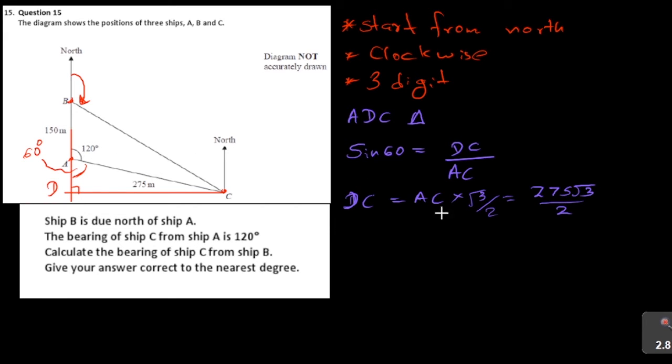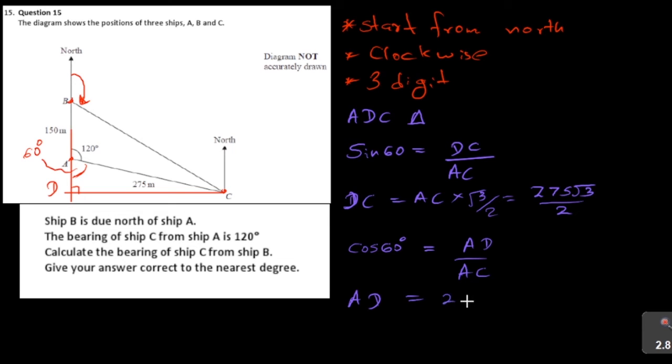Then to find AD, I can use the cos ratio. Cos 60 is equal to AD divided by AC. So AD is equal to AC times cos 60.